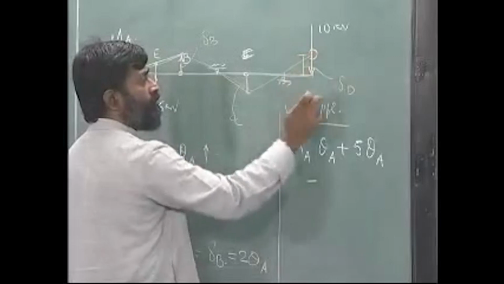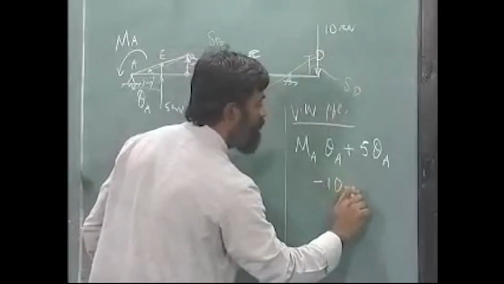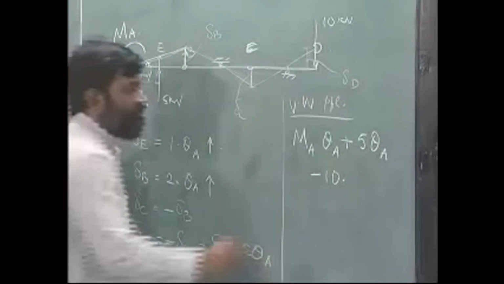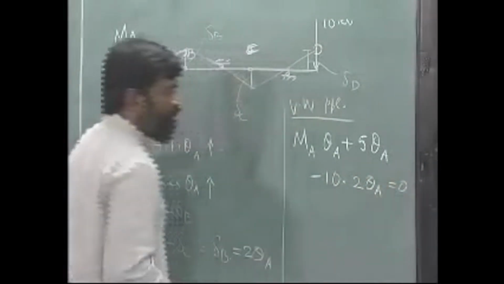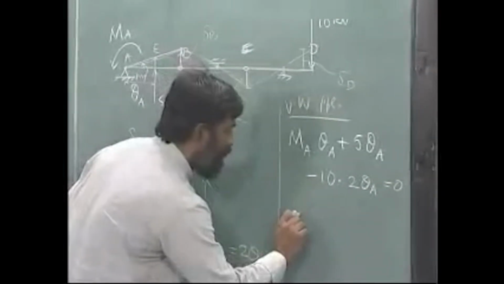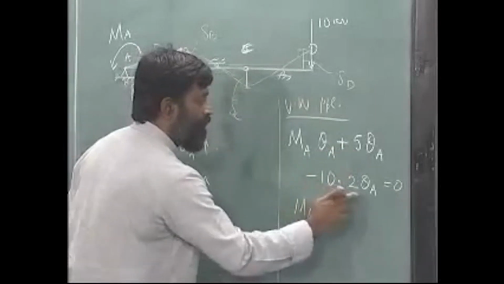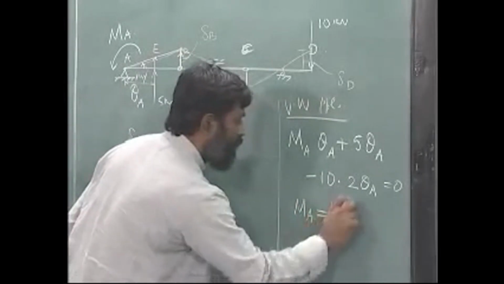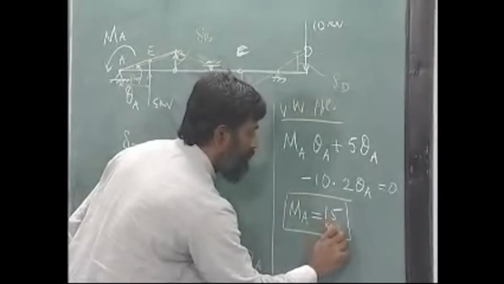This is a positive delta D but a negative this thing, so it is minus 10 times what is delta D, it is 2 theta A, so it is 2 times theta A and that is equal to 0. Okay. Separating theta A, I have MA plus 5 minus 20 which is minus 15 equals 0 or MA equals 15 kilonewton meter.